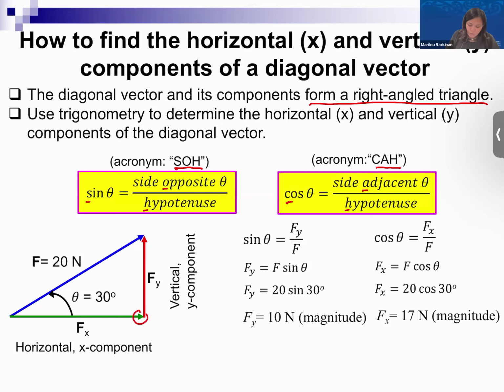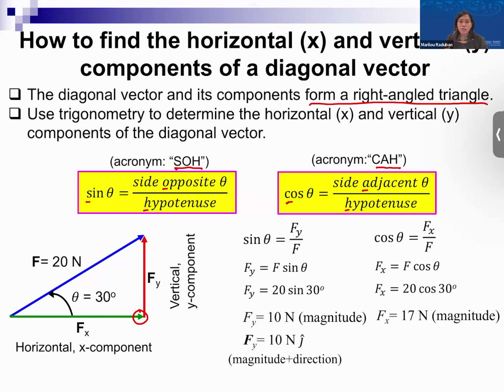And notice how the arrowhead for the x component is pointing to the right. Okay, so that will be a positive 17 newtons. And for the vertical component, the tail of the vertical component should join with the head of the horizontal component. And that's why you know that the vertical component should be pointing upwards, and therefore it should be a positive 10 newtons for the vertical component.